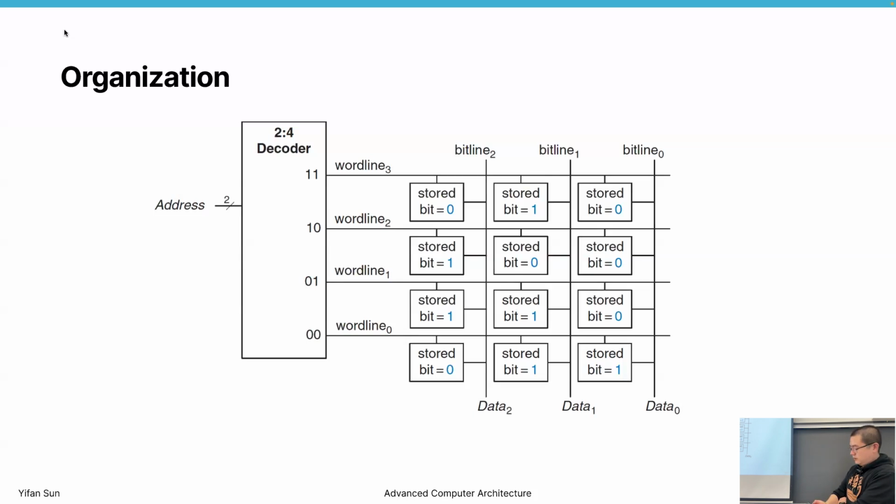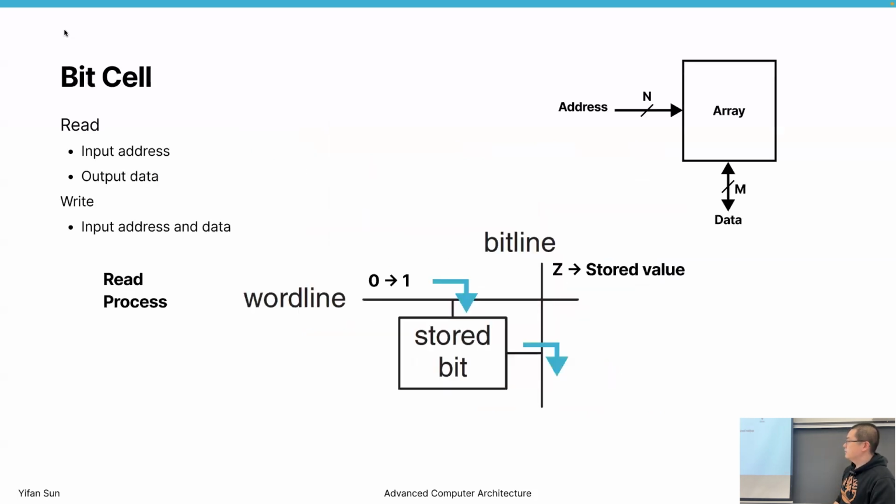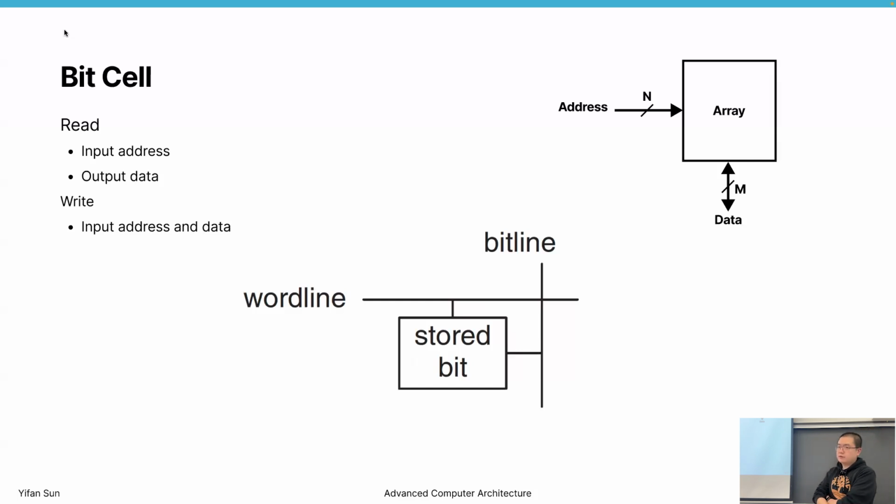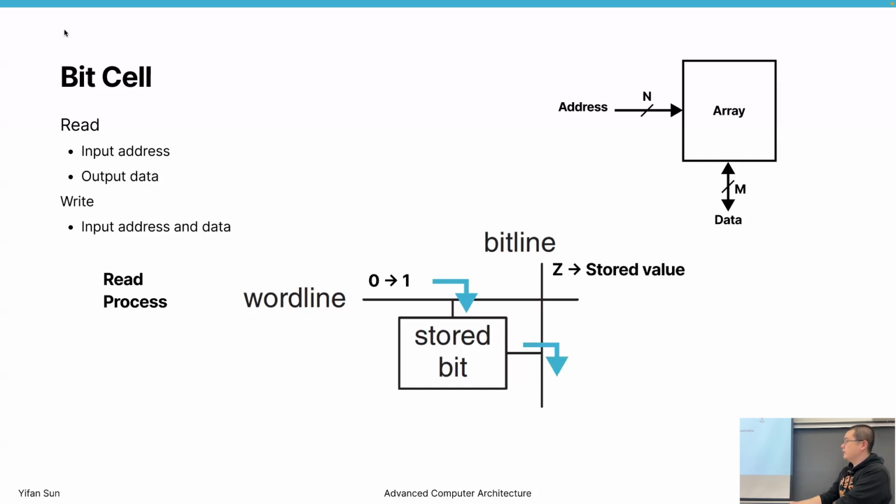After that, we talk about bit cells. What is a bit cell? A bit cell is the circuit that stores one bit of data. We store one bit of data at a cross point of a word line and a bit line. When we want to read the data, we first set the word line from 0 to 1 to enable the bit to be read.